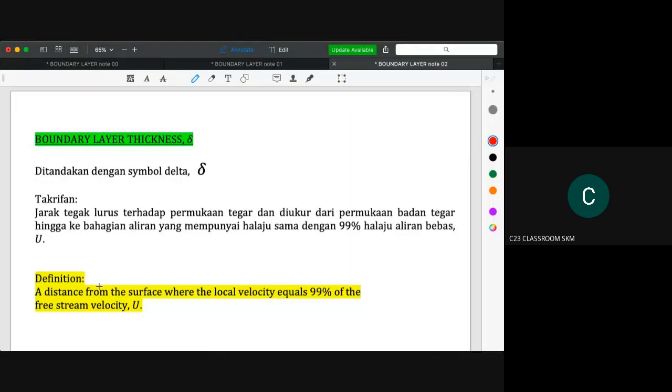The idea is a distance from the surface where the local velocity equals 99% of the free stream velocity. So if we have a plate like this one, the molecule here has u equal to 0, and then the value of velocity keeps increasing. Let's say we have a molecule here that is 100%.